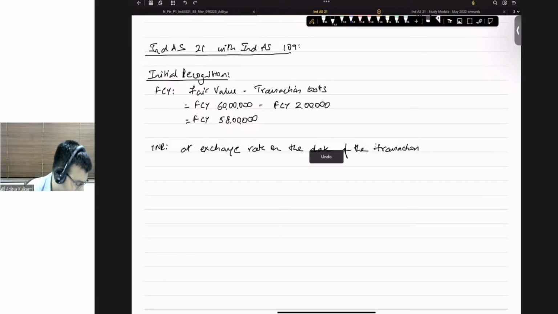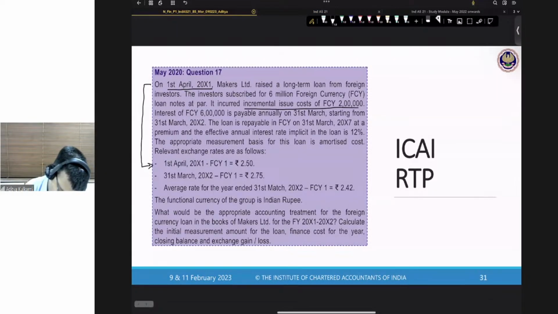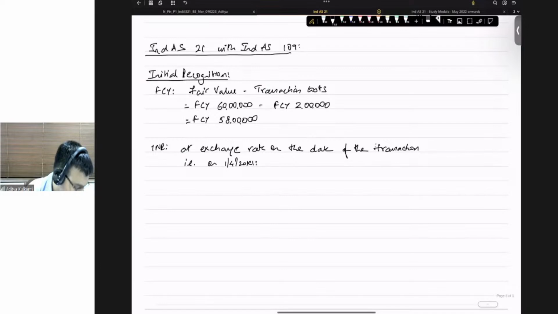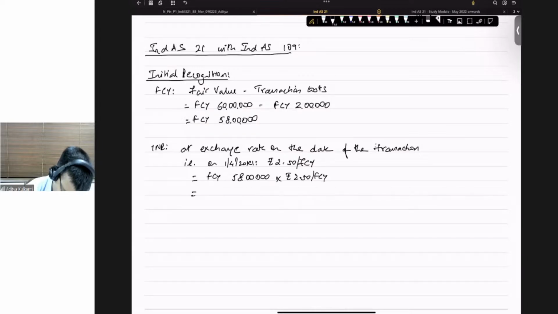So that comes to how much? On 1 April 20X1, 2.5 per foreign currency, rupees 2.5 per unit of foreign currency. So this is equal to foreign currency 58 lakhs into 2.5 per foreign currency.